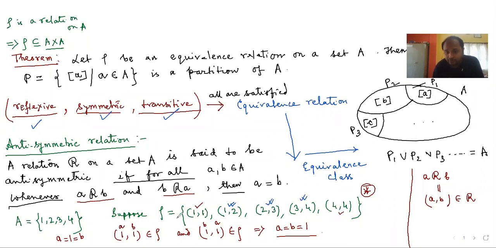And therefore I can say that with respect to all these pairs, rho is antisymmetric. We use the word vacuously. This term is very important, so I have put a star mark over there, and the logic has been written here.